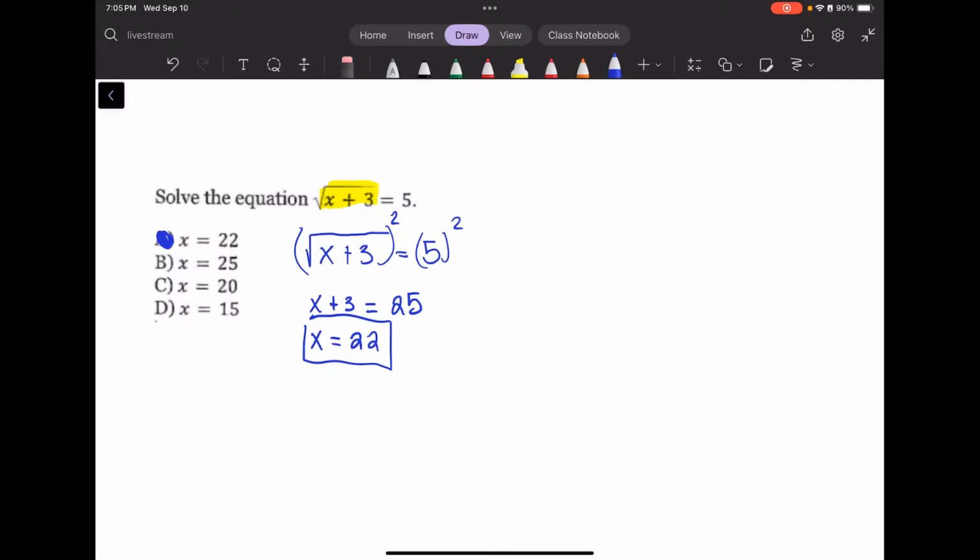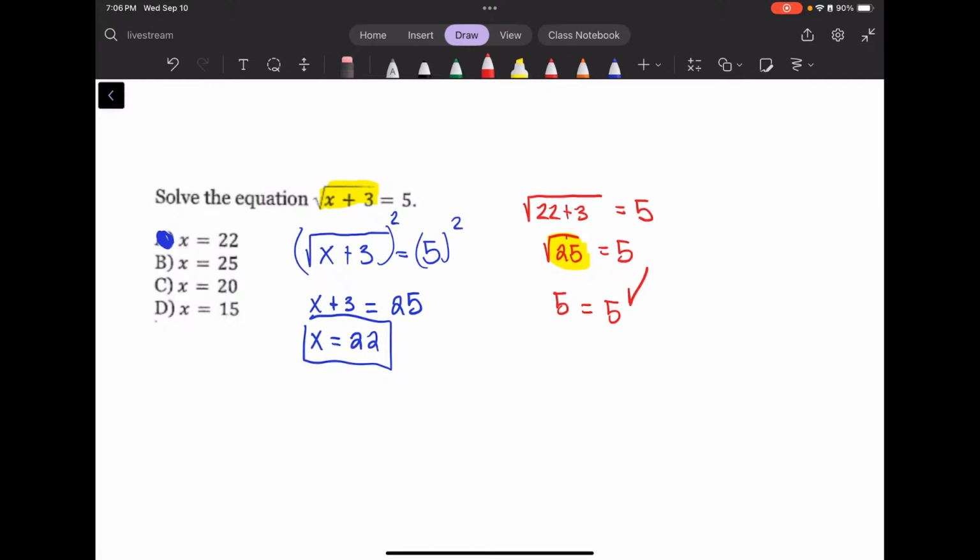Now with this topic, always remember with radical equations that the answer you get may not actually be the solution. There's a possibility that it could be an extraneous solution, and we should have an example of that later on in this video. But when I substitute this back in, we have 22 for x plus 3 is equal to 5, or the square root of 22 plus 3.